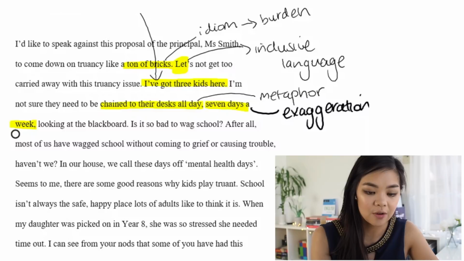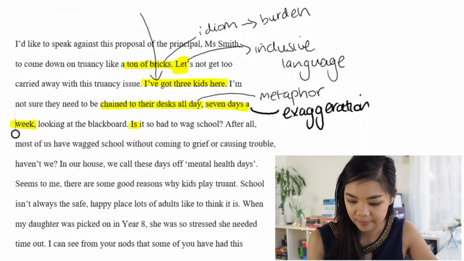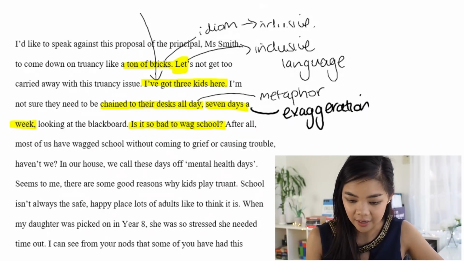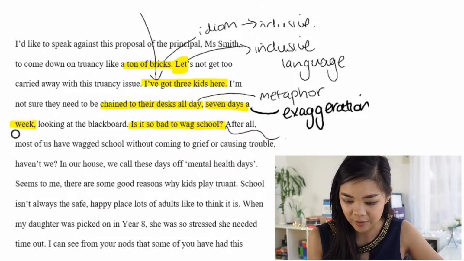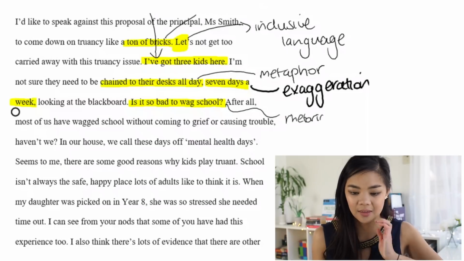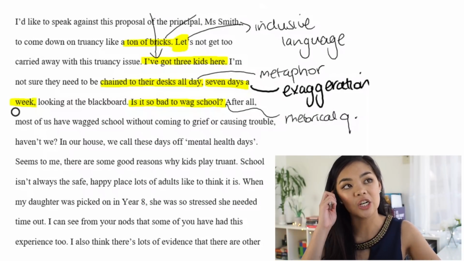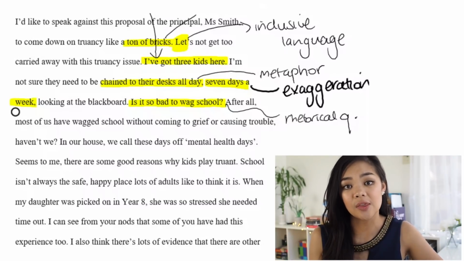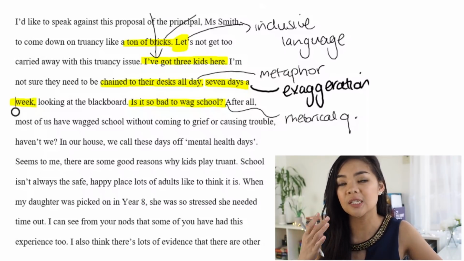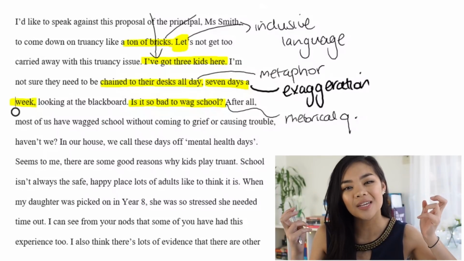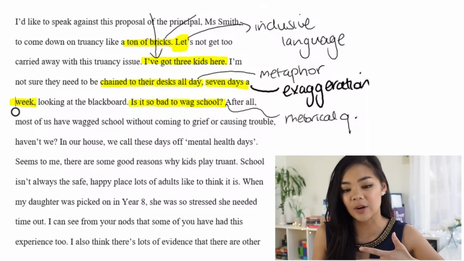Here we have a rhetorical question. Sorry, I switched from a thicker pen with exaggeration back to the normal one because I think it's a little bit too thick. So rhetorical questions are generally put there in order to get you thinking, and rhetorical questions tend to have an obvious answer that you should be agreeing to.